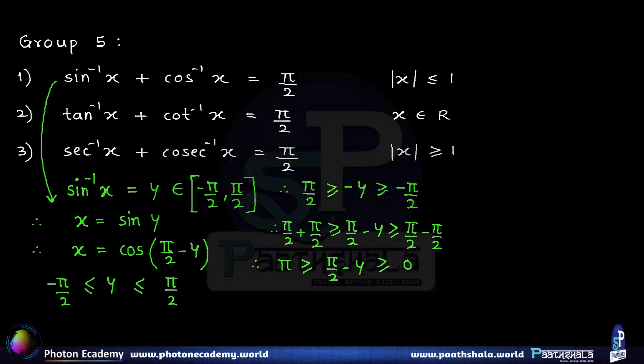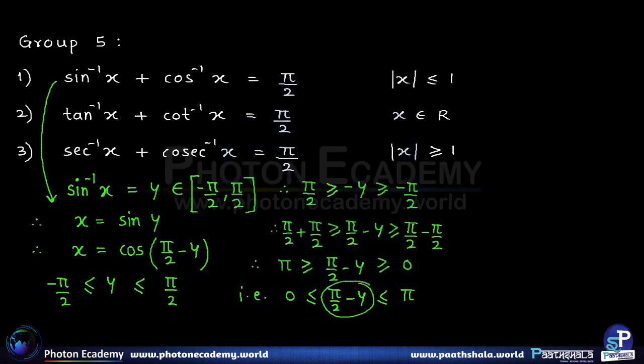So just rewriting that in the opposite order, we can say that 0 less than or equal to pi by 2 minus y less than or equal to pi. So here see what we have obtained. We have proven that the angle pi by 2 minus y belongs to the interval 0 to pi, which happens to be the principal value branch of cos inverse.